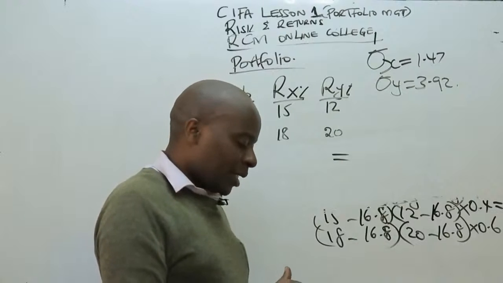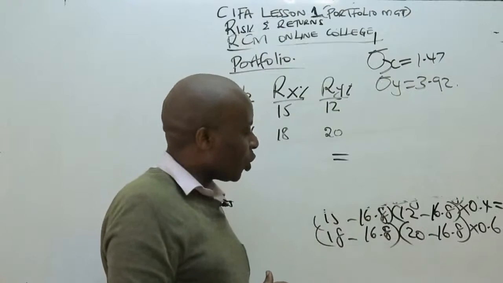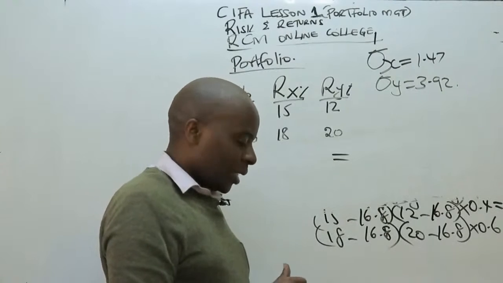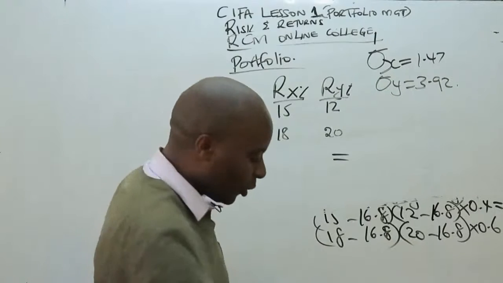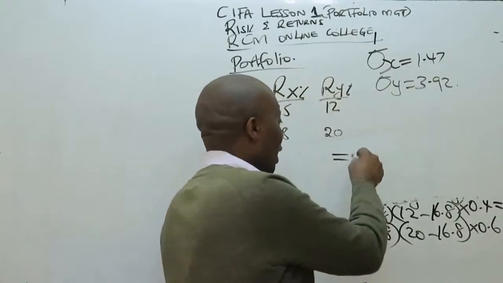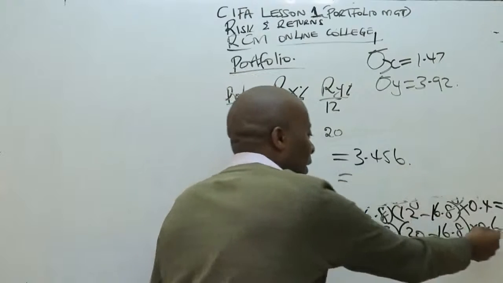Say times, because in between here we have times. Open another bracket, ladies and gentlemen. We have 12 minus 16.8. You close, times 0.4, which at the end of the day will give me 3.456.